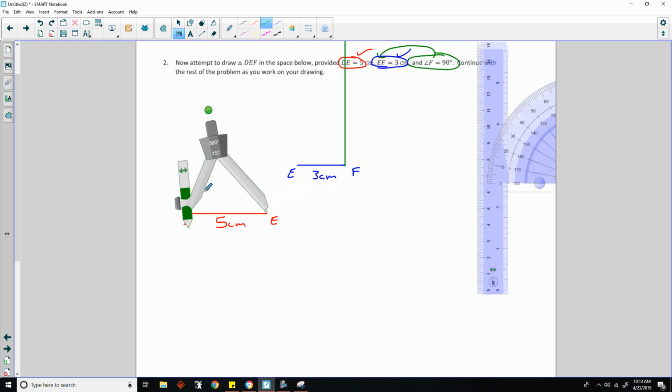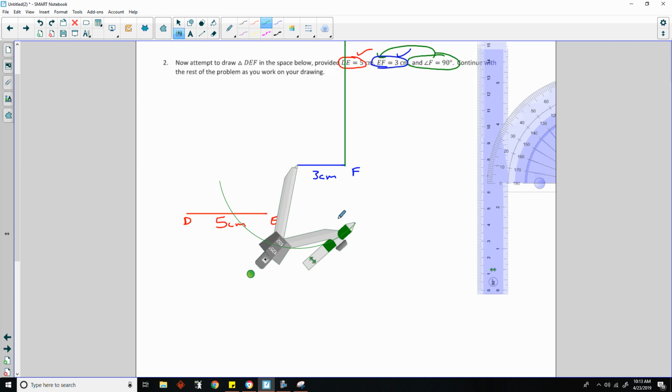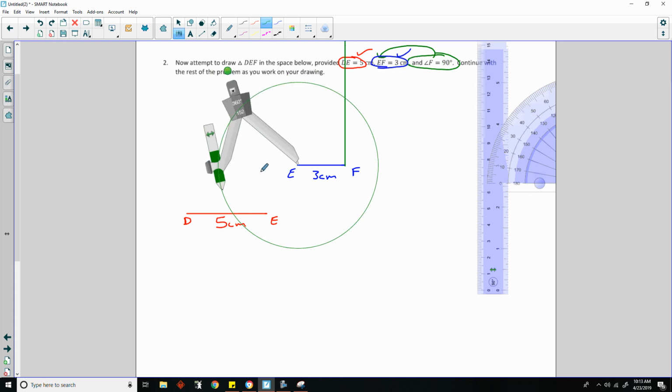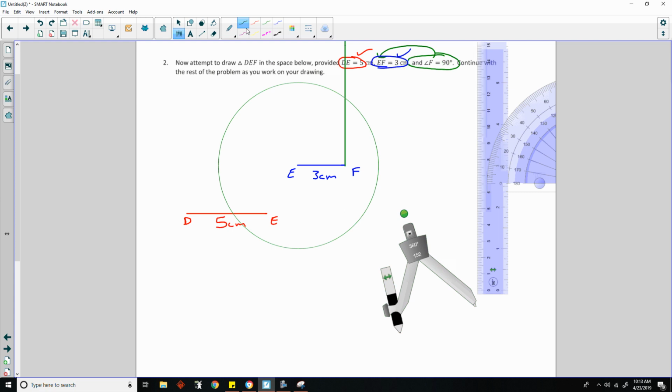Okay? So I'm going to take this over here and place it on E, and I'm going to draw a circle that is 5 centimeters radius, and at this location is the only place it crossed the green line segment.